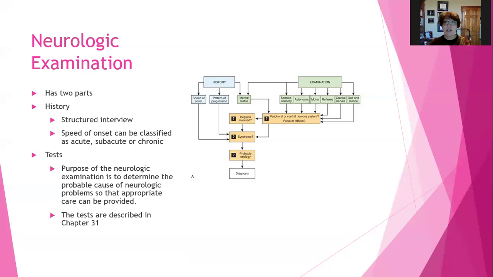Is it a syndrome? We'll talk about what a syndrome is a little bit later. What is the probable etiology? And then you come down to the diagnosis. The neurological screening exam is often done by the physical therapist at the initial evaluation. They might be referred to a neurologist for a comprehensive neurological exam, which involves more.